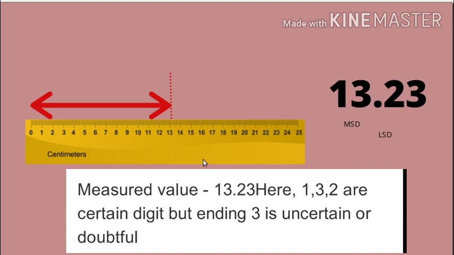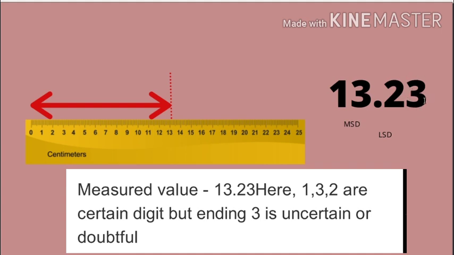This scenario is only to make you understand that every measurement has a restriction, like with this scale you can measure centimeter as well as millimeter, but not beyond this. But the rule is, greater the significant figures, greater the accuracy of measurement, means you will be closer to the true value if you have more significant figures.